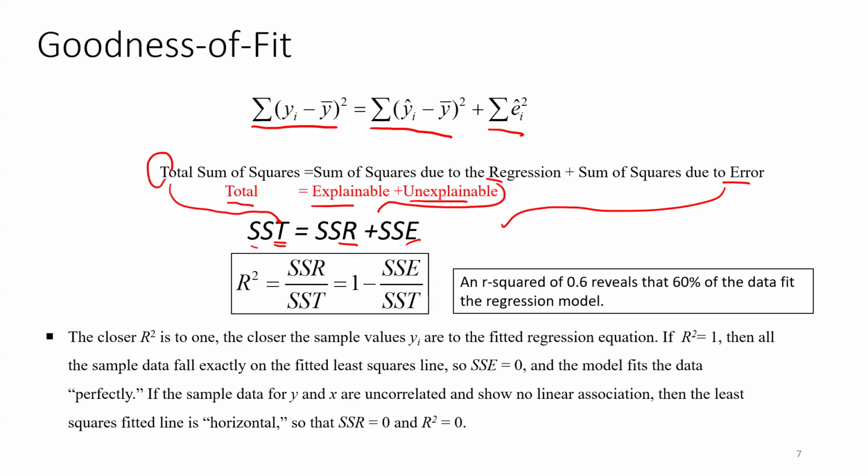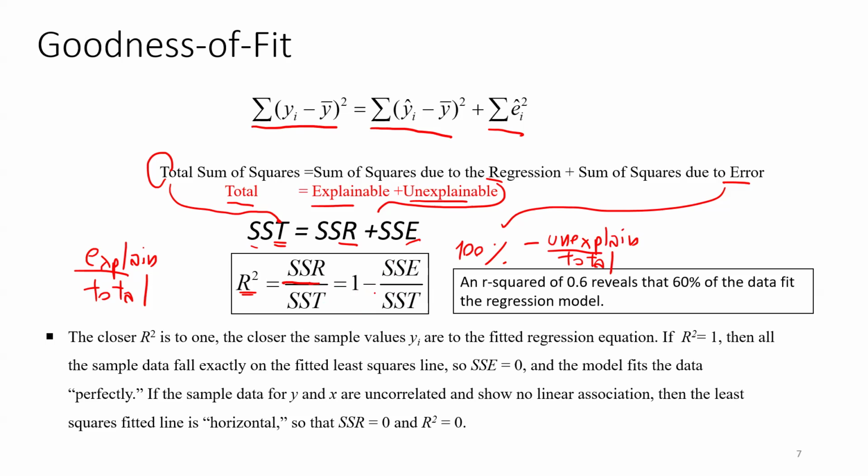Then this is widely used by modelers, so it's called R square. R square has two equations. First, you use something that you can explain over total, so SSR over SST, or you use 100% minus the something that you can't explain over total, so 1 minus SSE over SST.